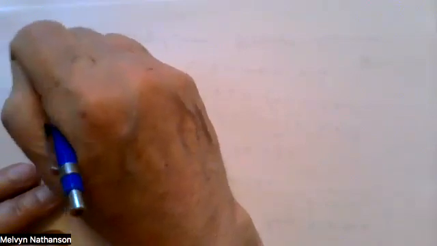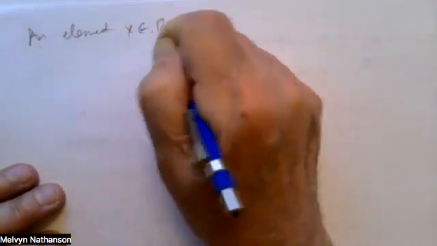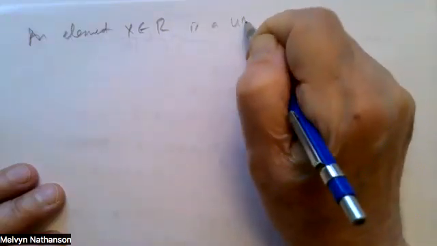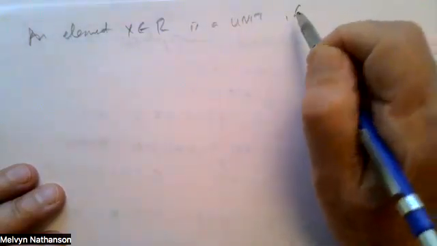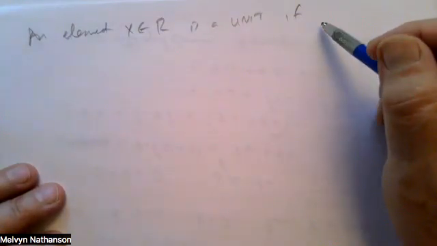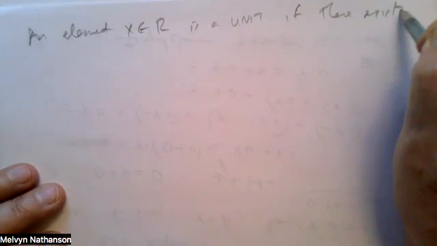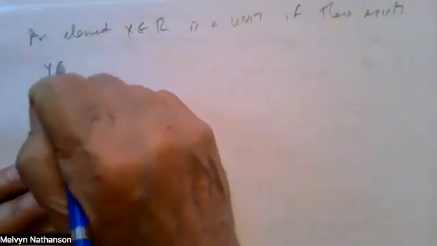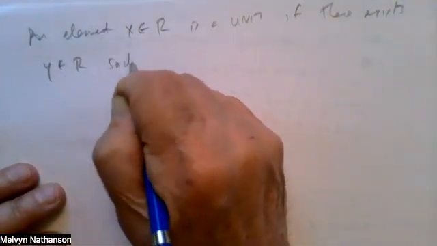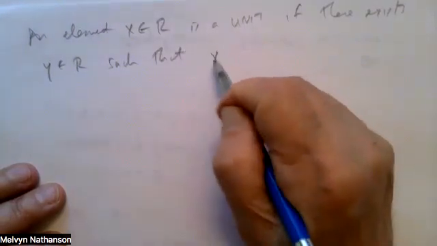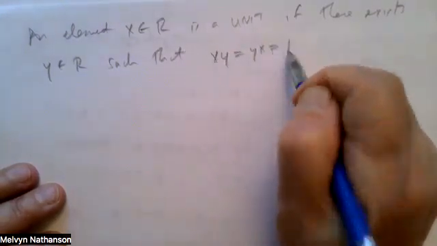We say that an element x in a ring R with a multiplicative identity is a unit if there exists an element y in the ring such that xy and yx equal 1.